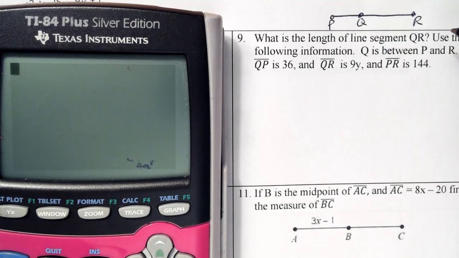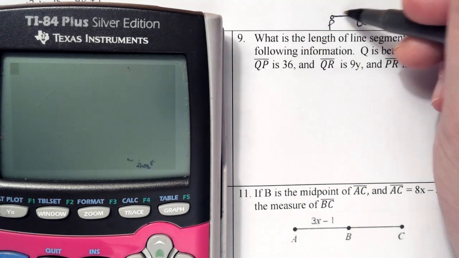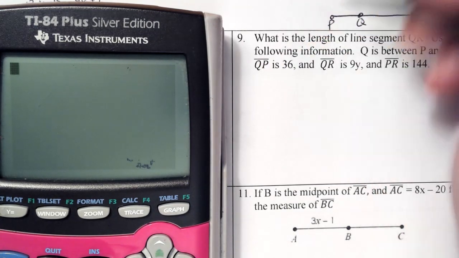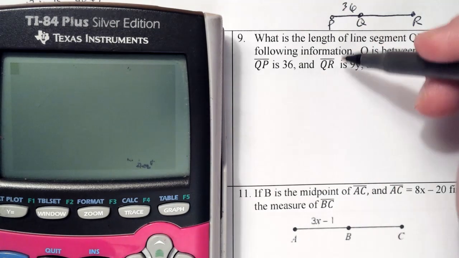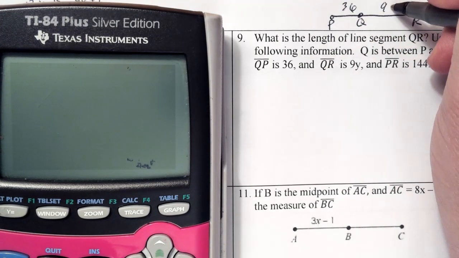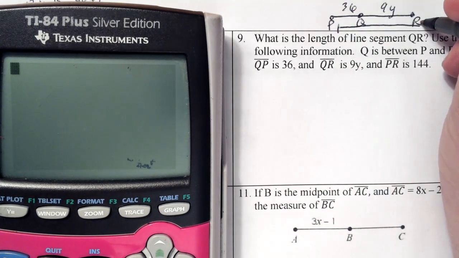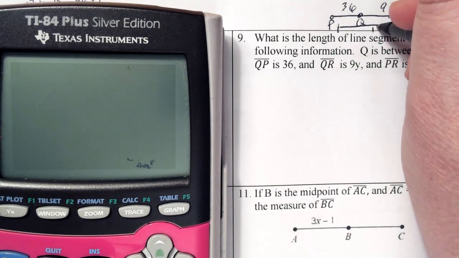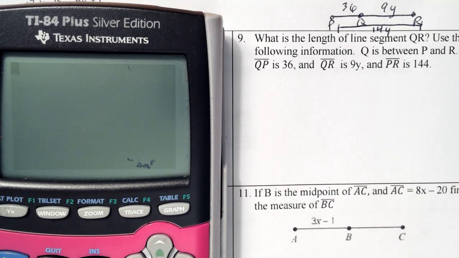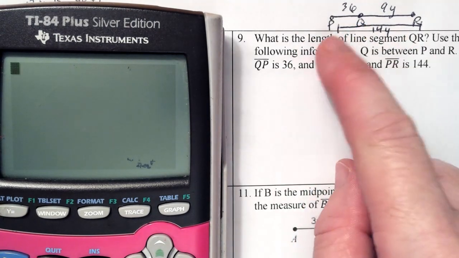So Q is somewhere between there. All right. We know that P to Q, so QP is 36, and we know that Q to R is 9y, and we know that P to R, that's the whole shebang, was 144. So that would be this plus this equals the whole shebang.